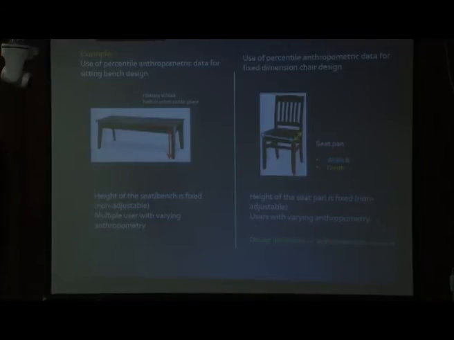Then how can we mention that only 50% of the people, or 90% of the people, will be able to use it? We cannot specifically mention it, because even for a single individual, all the body dimensions may not be of a particular percentile value.